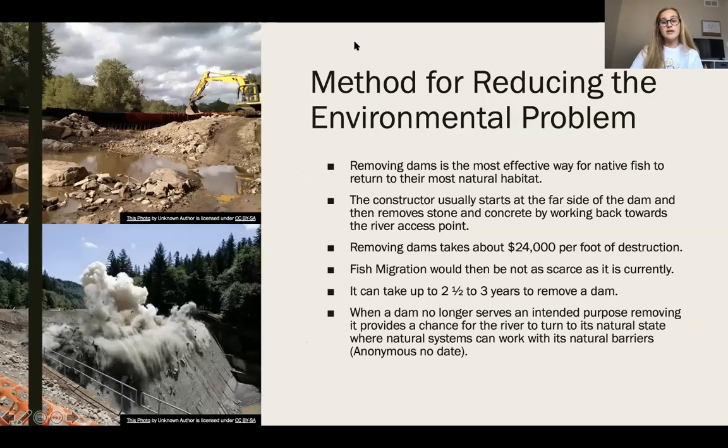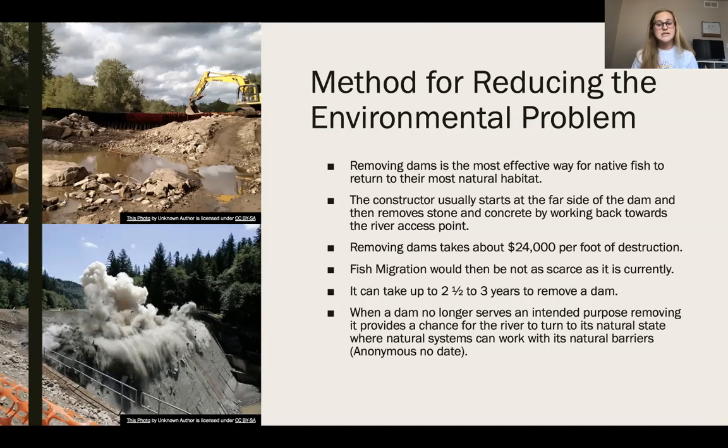One of the biggest methods that can reduce the environmental problem is to block the dams, or what I talked about in this slide, removing dams. Of course you can block the dams or use other methods that aren't as expensive or don't take as much time, but removing the dams is the most effective way, and really the only effective way in the long run.